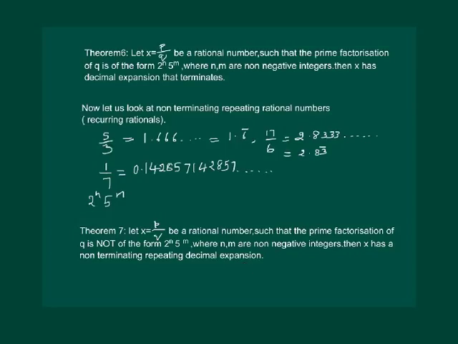That is, then x is a recurring rational number. And we can conclude that the decimal expansion of every rational number is either terminating or non-terminating repeating.